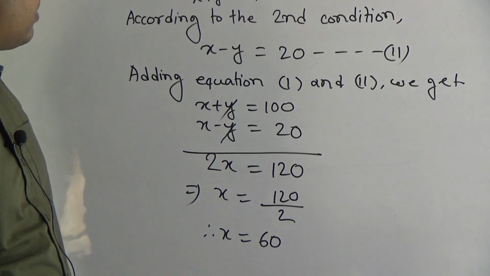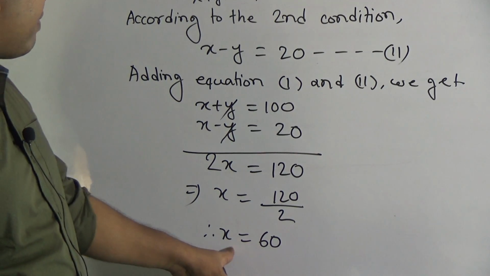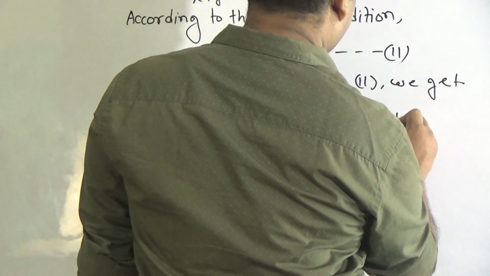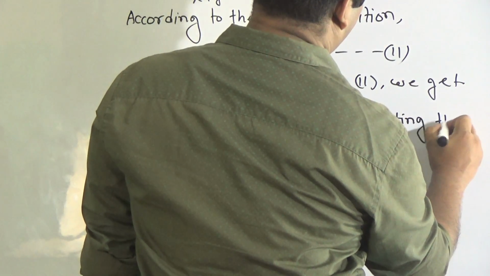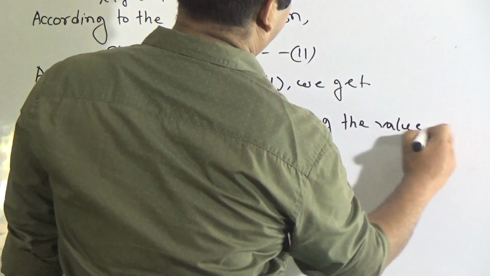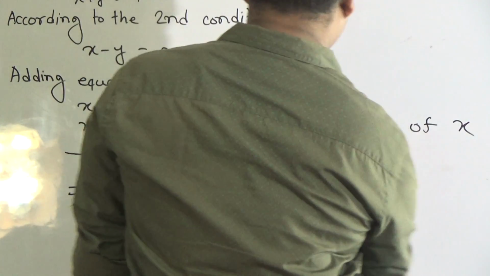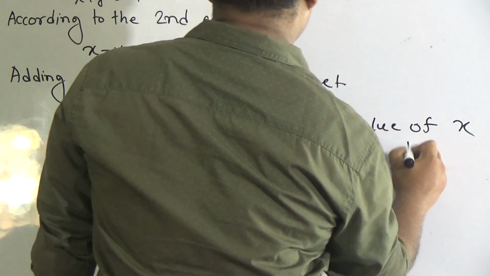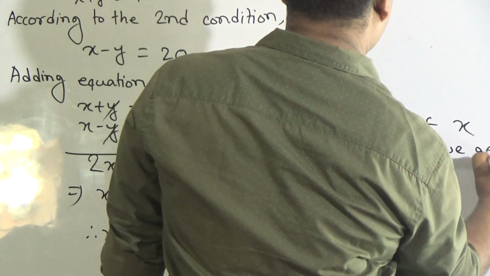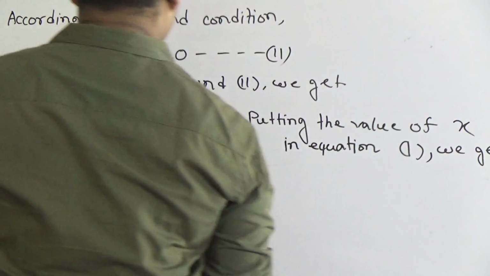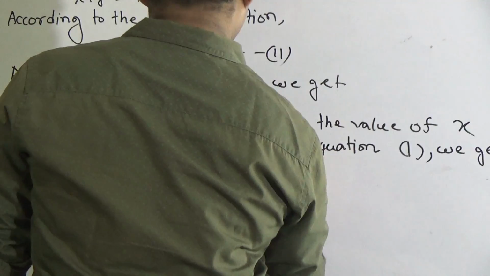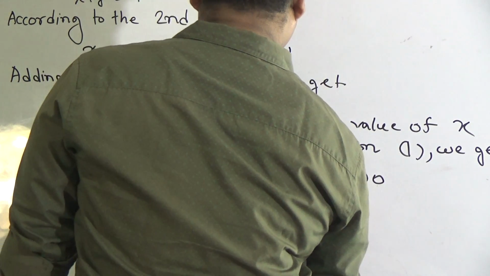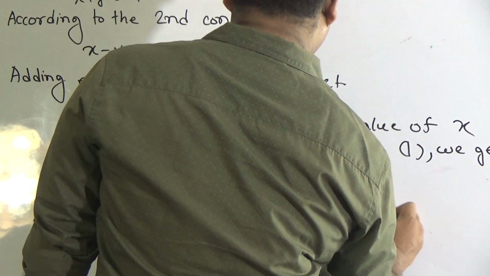Next we shall find out the second number by putting the value of x in equation number 1. Putting the value of x in equation 1, we get, okay, so here value of x is 60, 60 plus y equal to 100. Now y equal to 100 minus 60.